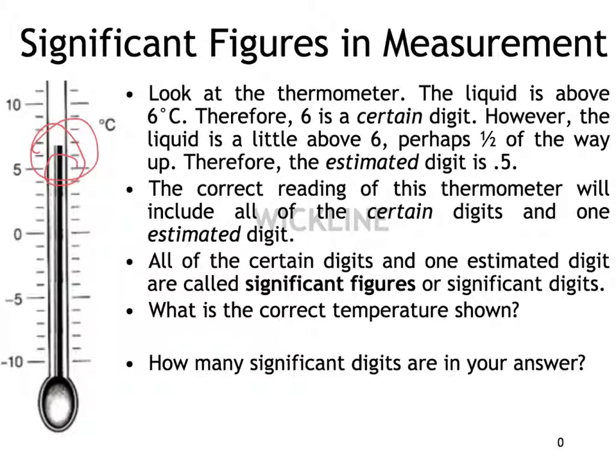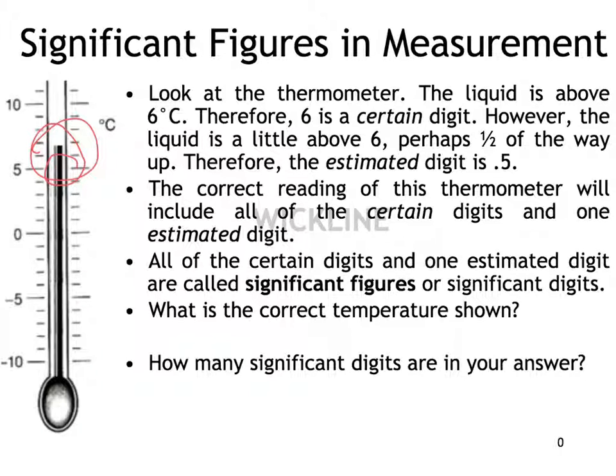Generally, when we're not sure how much above a whole number the other number is, we'll just throw a 0.5 on the end, and that's our estimate. I understand that some of you aren't going to like that, because this thermometer does not appear to be at the 0.5 mark between 6 and 7.